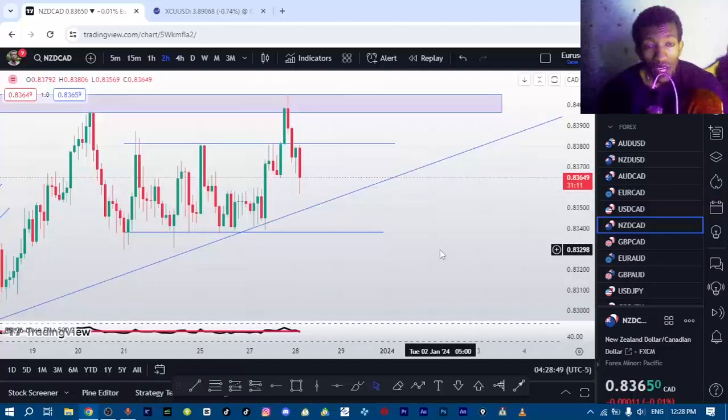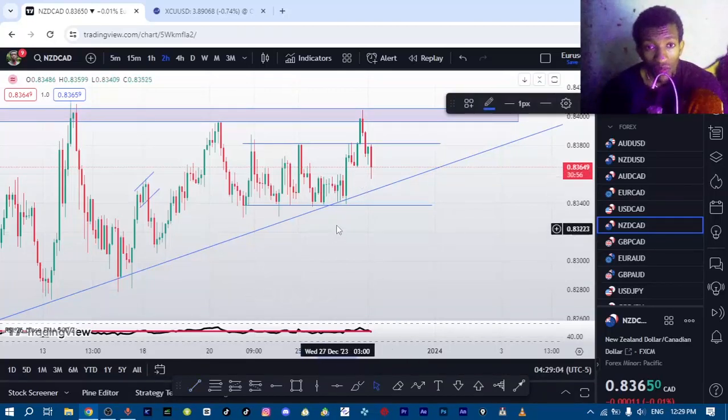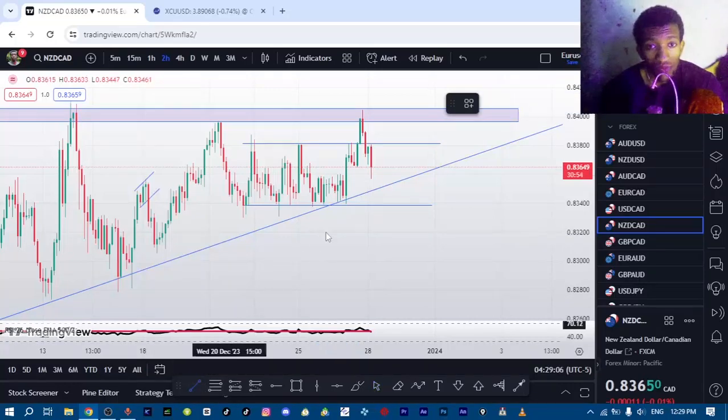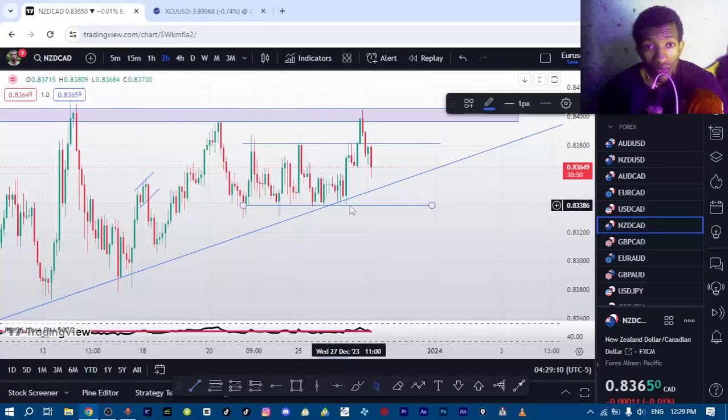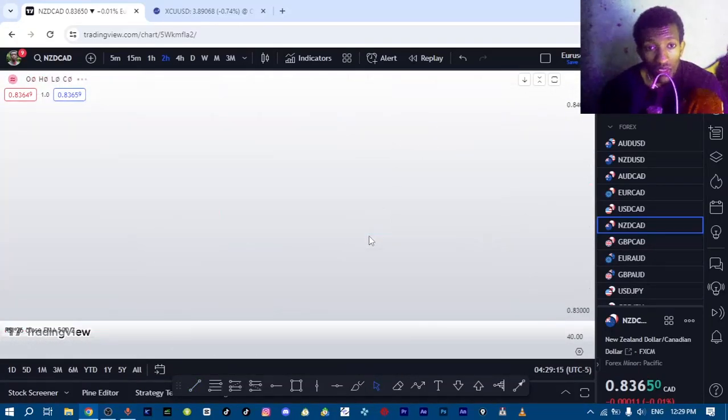So when drawing these kinds of trend lines to identify the highs and the lows, all you have to do is connect both the highs and the lows, just like this one. I'm sorry, the connection is very bad now. So you have to connect the most recent ones.